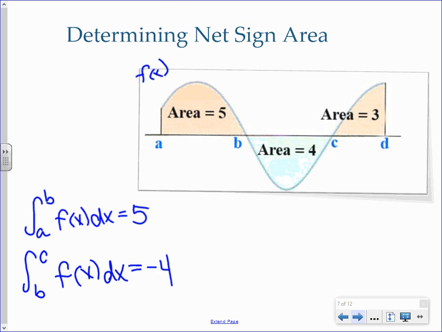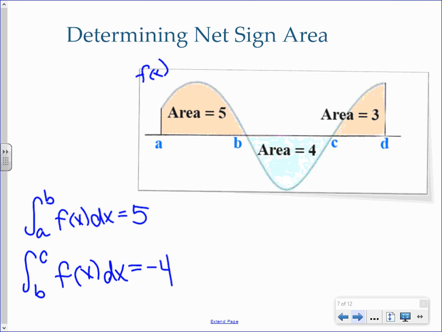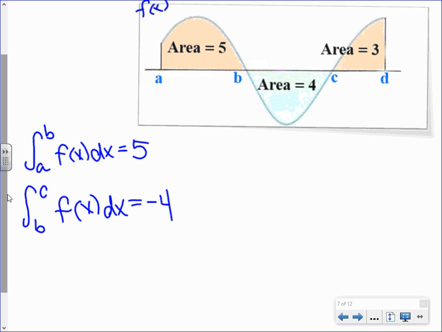All right. The integral from c to d of f of x dx would be 3. All right. Boring, Mrs. Holman. All right.